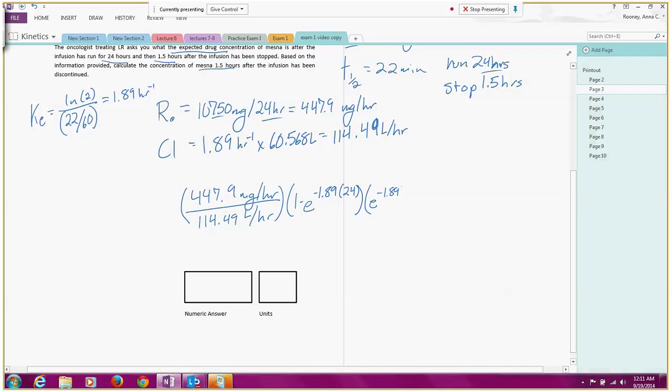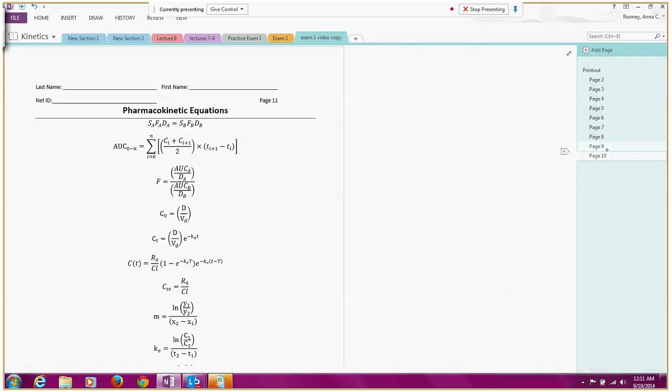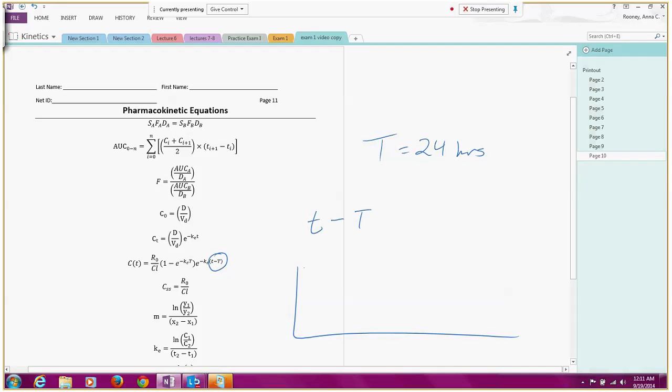Now in our equation, I'm just going to point something out. It says T minus T. So we found that our big T is 24 hours. That's the whole entire time that it's been running. Let me draw this out. So that's the whole entire time it's run, and then it stops.